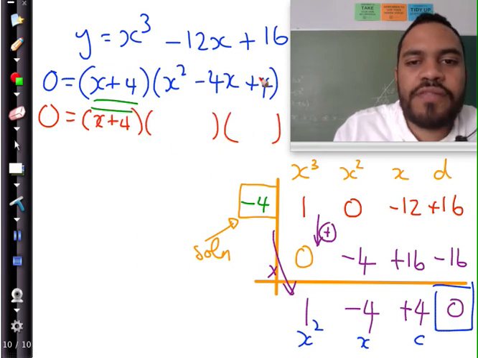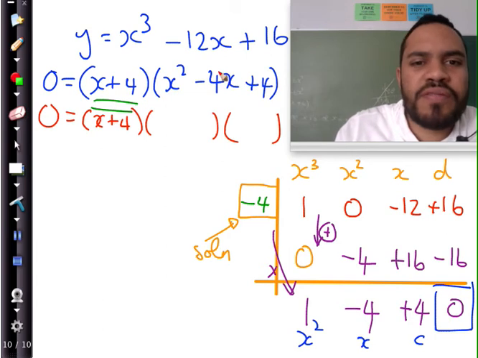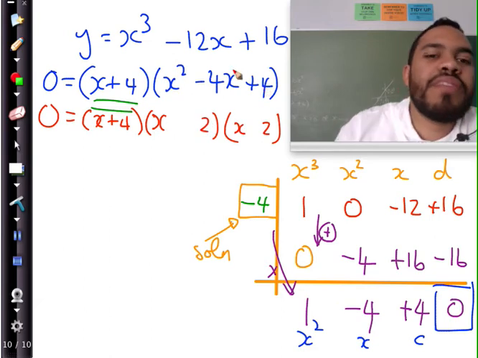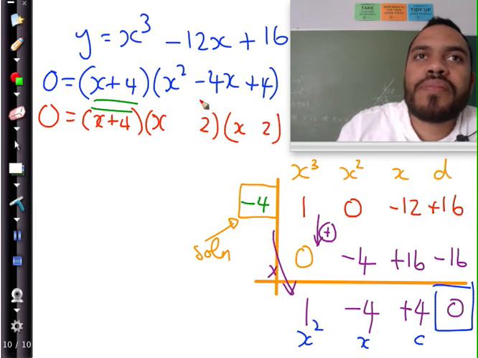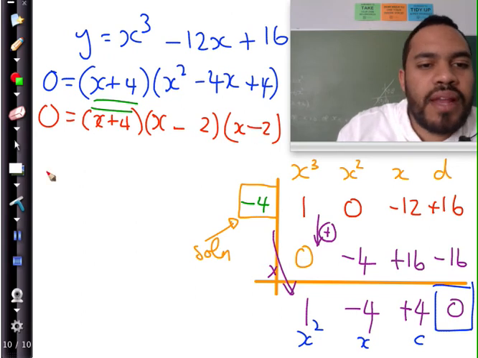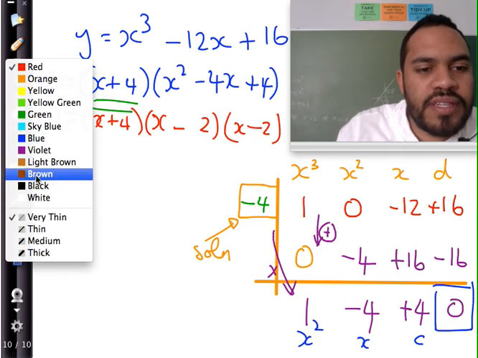This is factors of 4 such that when I add them I end up with 4, which is what? 2 and 2. The positive indicates that the signs will be the same, therefore both signs will be what? Both signs will be what? Negative.